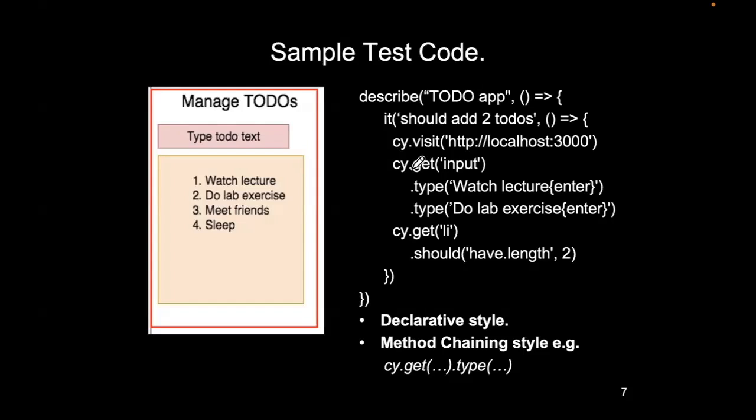So this statement, cy.get and the name of the element that you're trying to get or access within the browser, will essentially focus the browser on this element in the view. And I'm chaining on the type method call. And so what the type method does is it essentially types this string into my text box.